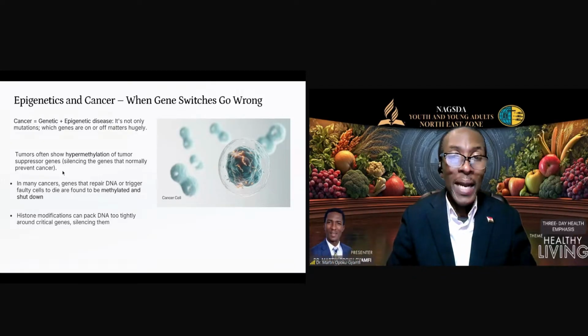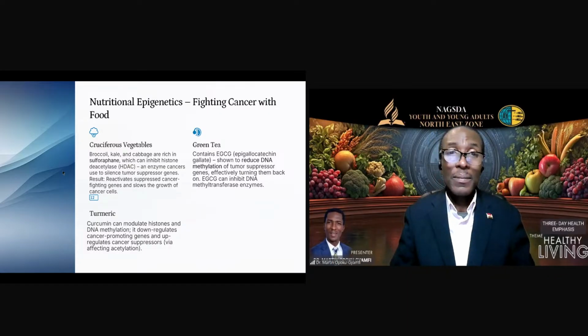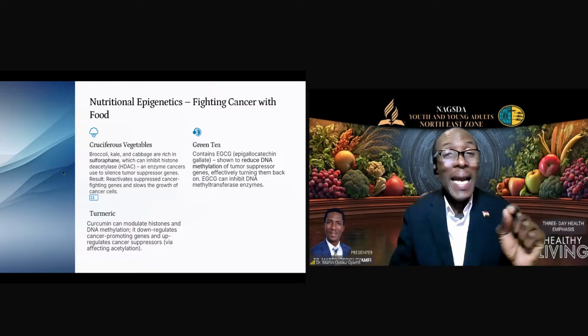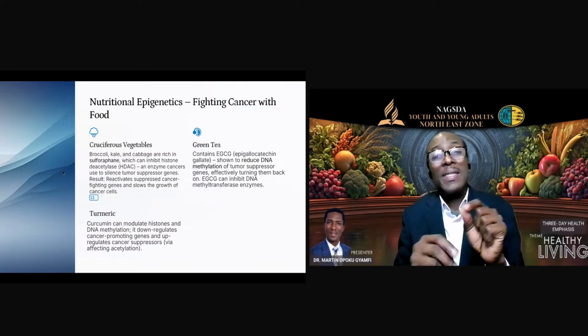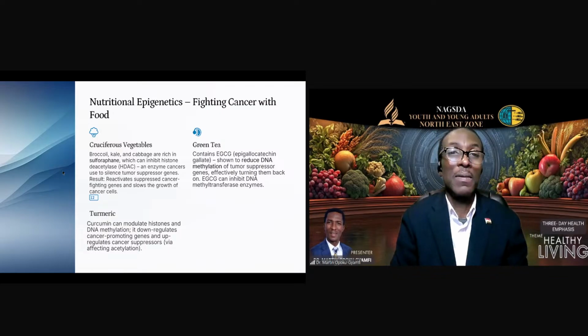Okay? And so that is the genes. So now let's look at the good news. What is the upside? They have done the research, and the research shows that there are certain foods that can actually turn off these negative epigenetic tags that lead to cancer formation.